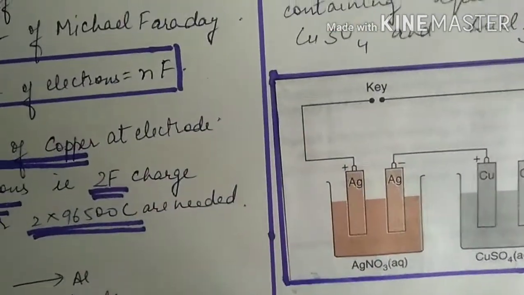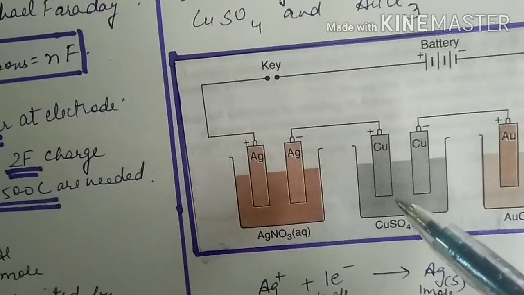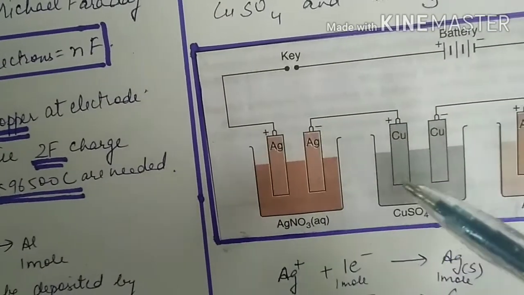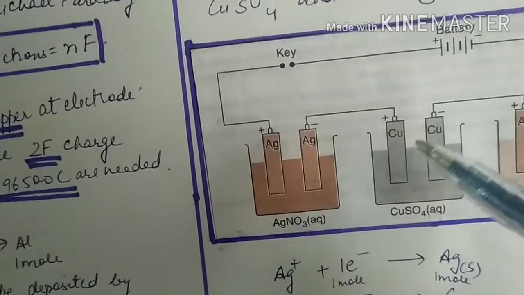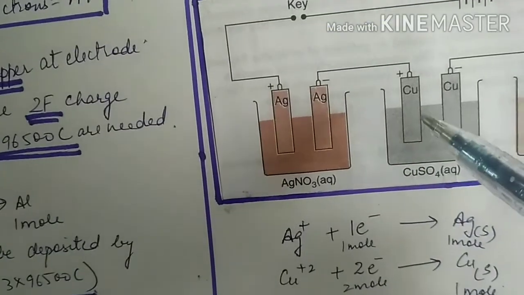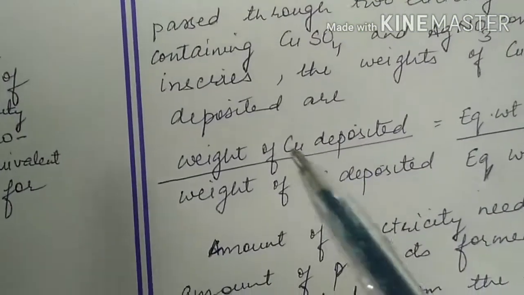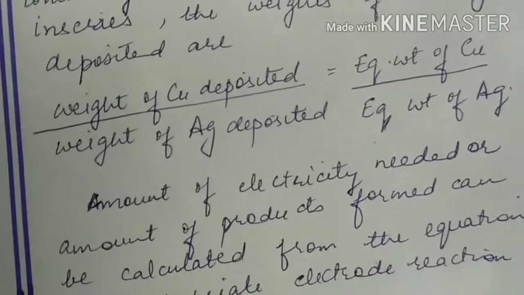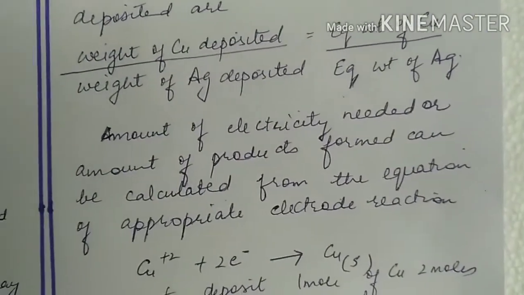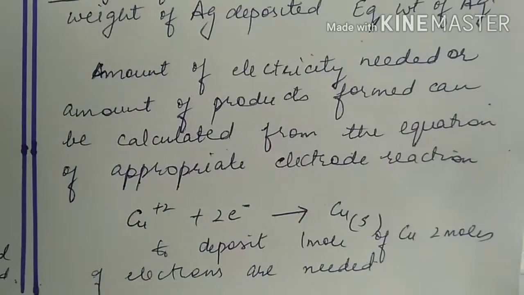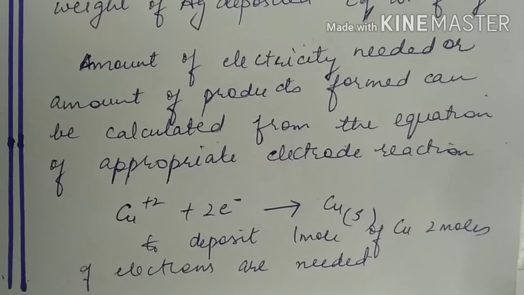For example, if these two electrolytic cells are placed in series, same current is passed through them, then weight of copper deposited upon weight of silver deposited is equal to equivalent weight of copper upon equivalent weight of silver.